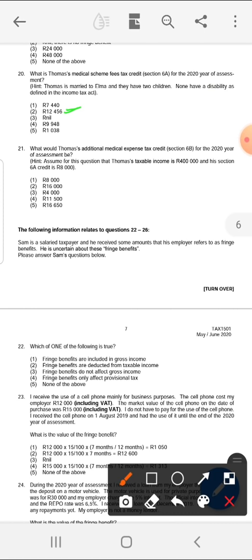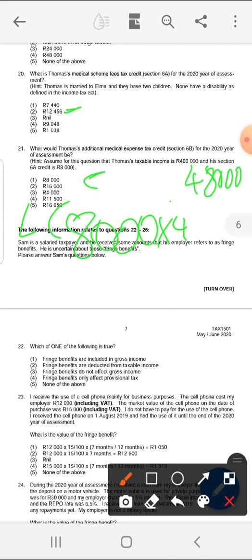We'll say contributions 48,000 less section 6A, which will be 8,000 multiplied by 4, it will give us 32,000. 48,000 less 32,000 will give us 16,000.